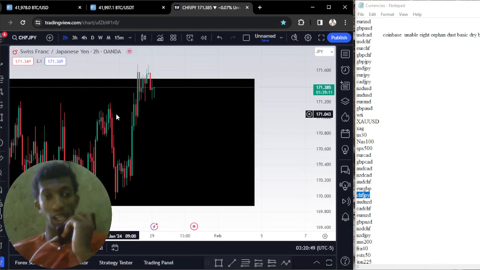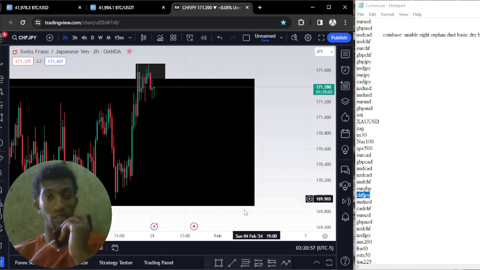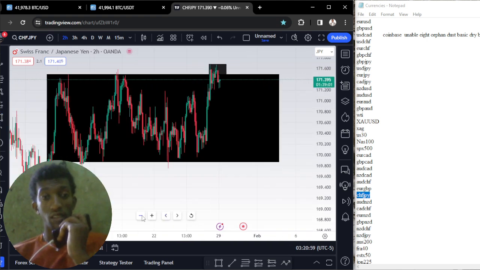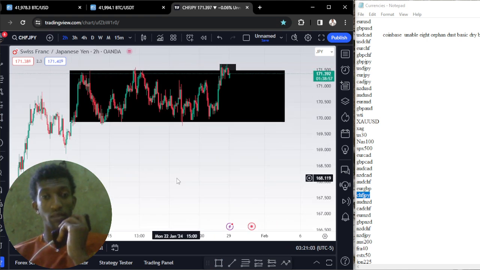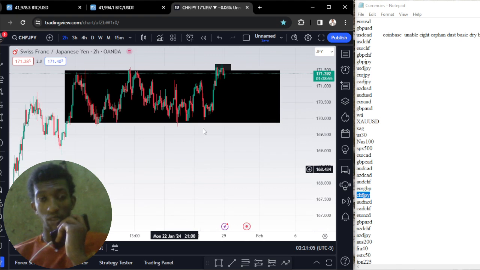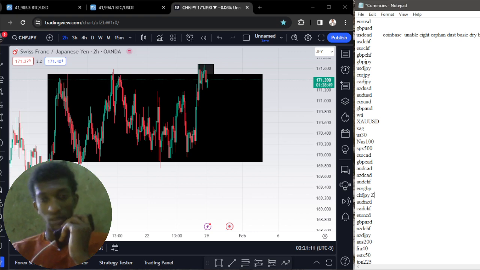Chevian on Oanda. Nice, beautiful. Right there we have some beautiful consolidations. Just do this and wait. So as you can see, we have great trades waiting for us. We enter a buy as soon as that breaks out. Right? Chevian. Let's put a symbol there.